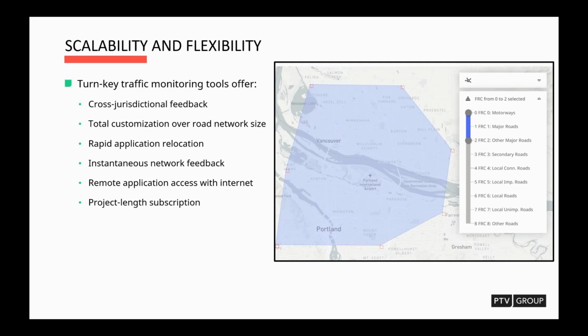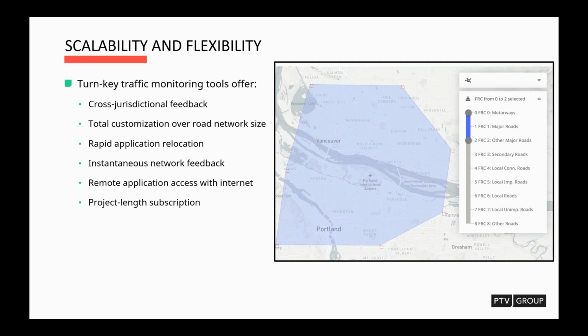So we can then cut down on that size and maybe just look to the border regions of Vancouver. And of course, I mentioned this before, but there is no downtime when we're moving these regions or adjusting our size or even our roadway networks. You're getting that instantaneous network feedback throughout the entire process.